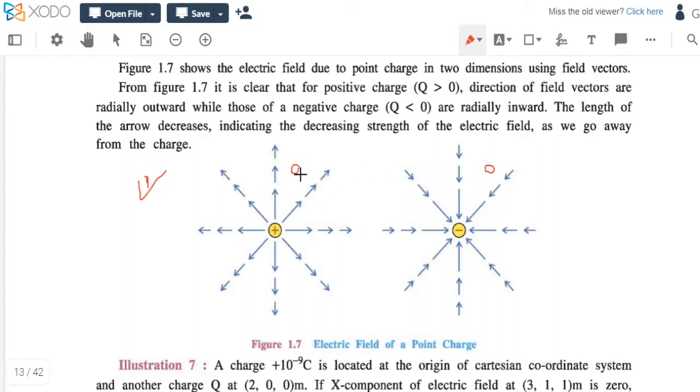In this case the positive charge will repel outward, and similarly in this case it attracts the charge. So if you are asked to draw the figure for the electric field of a point charge, this will be the answer.